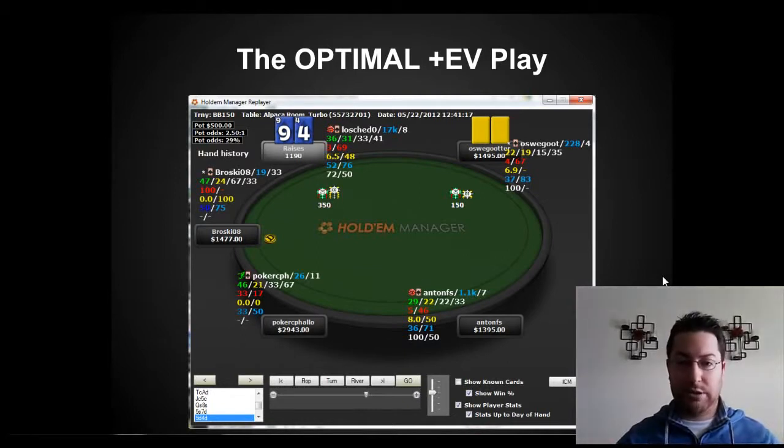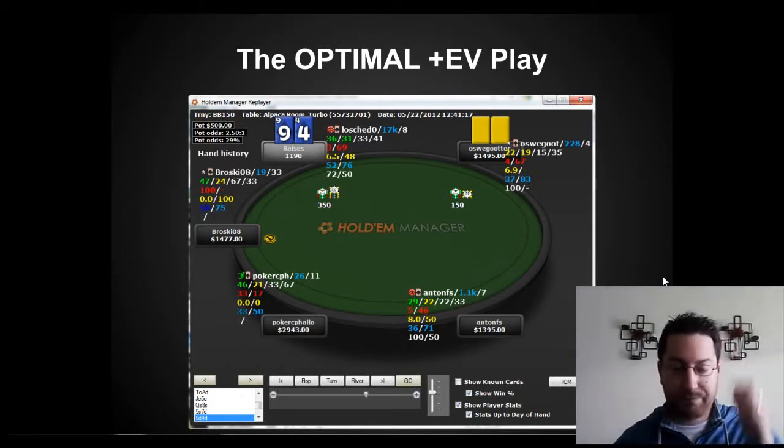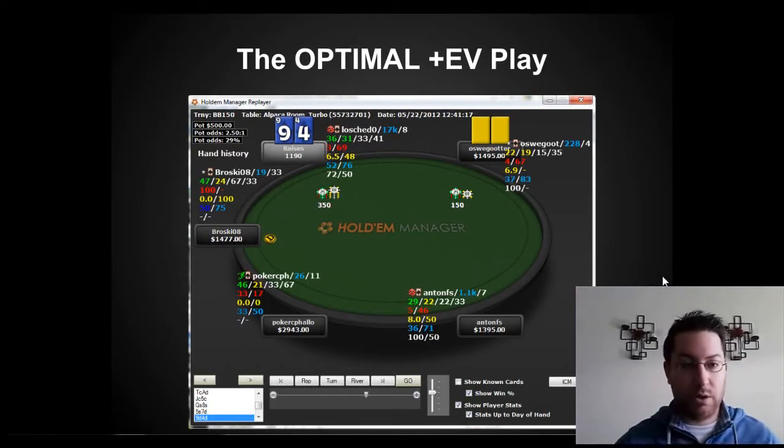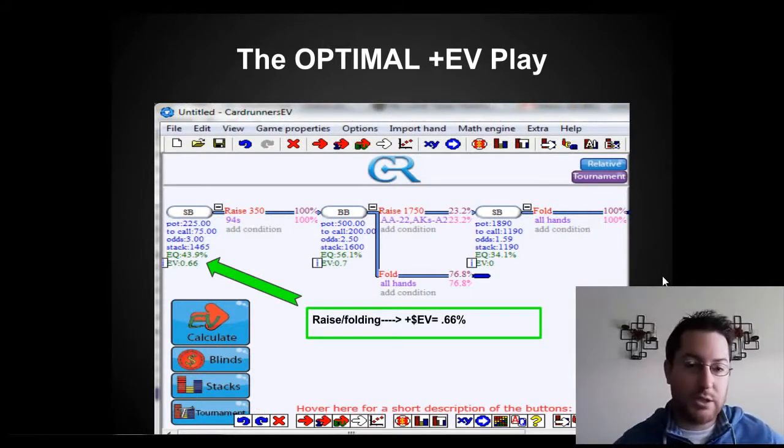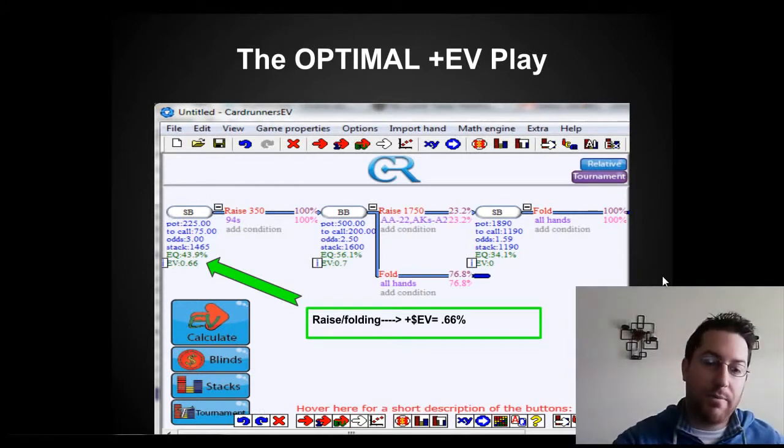That's one of the other key points of this strategy, with just raising versus shoving from the small blind in this type of scenario, reg versus reg, pretty tight reg in terms of 3-betting stats. In the long run, I want to know, is this raise profitable, or am I just simply insane and this is stupid? So we can use this Cardrunners EV tool, and I already plugged it in, took a screenshot to save us some time here. So what I did is I made a replica of the scenario.